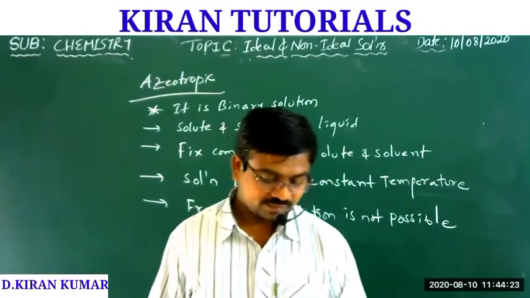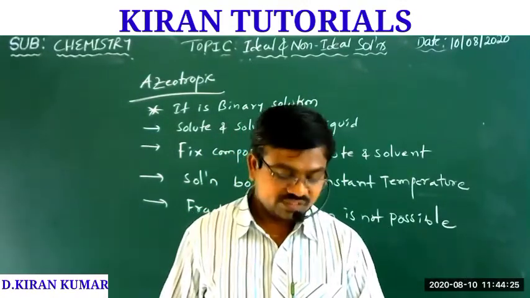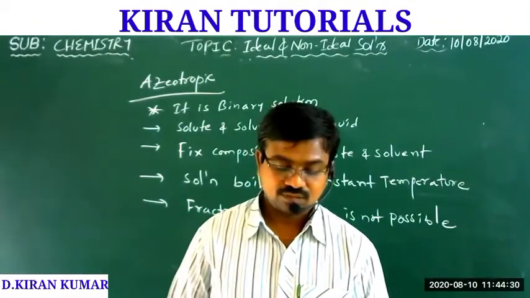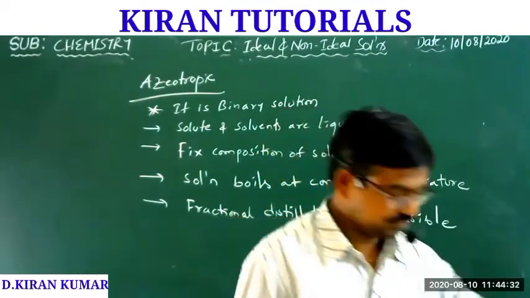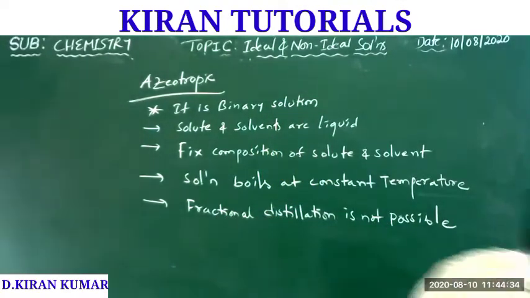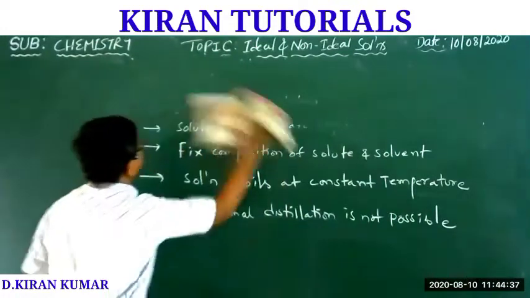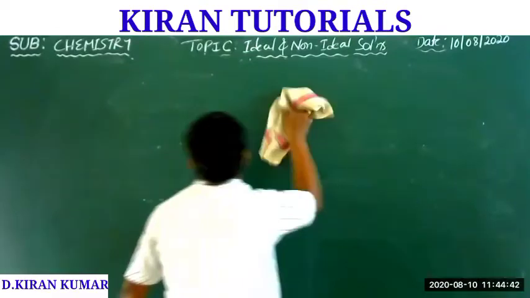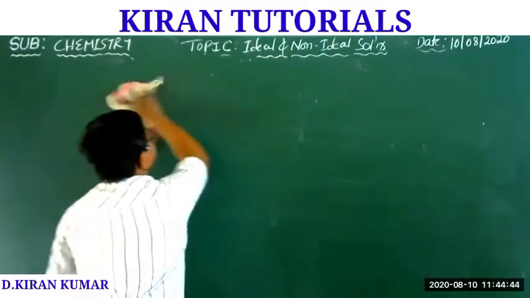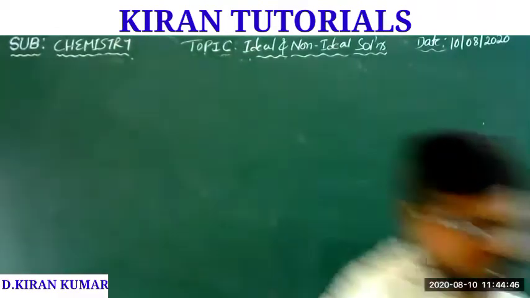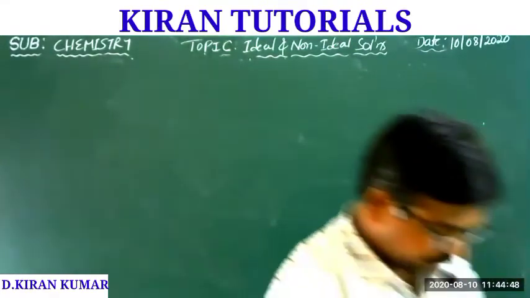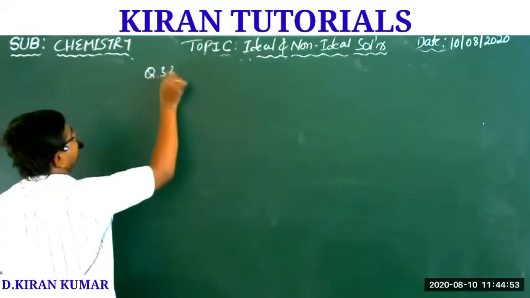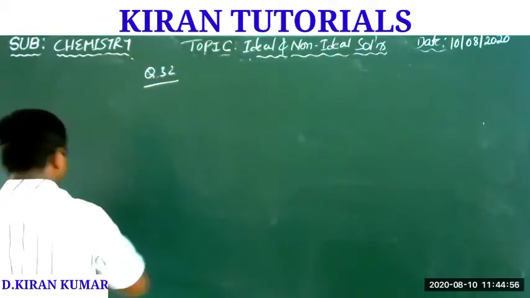Okay. Then 32. Which of the following solutions in water will have the lowest vapor pressure? Question number 32, page number 23.